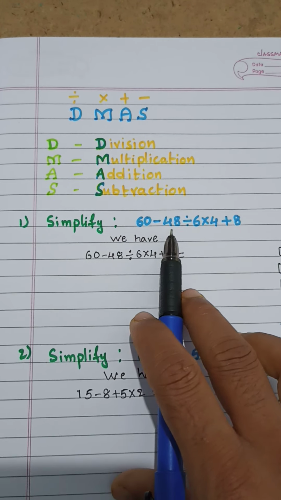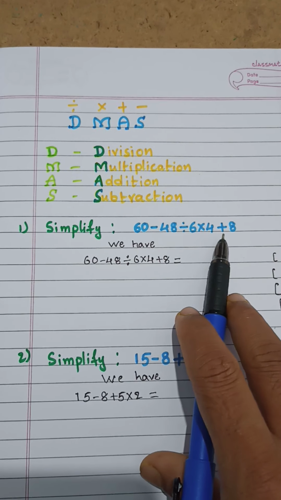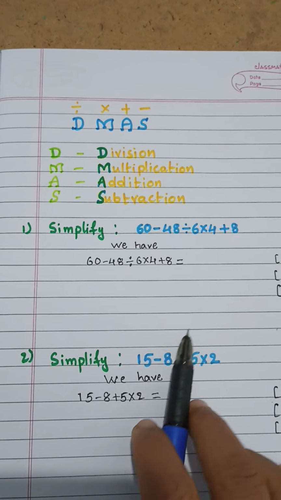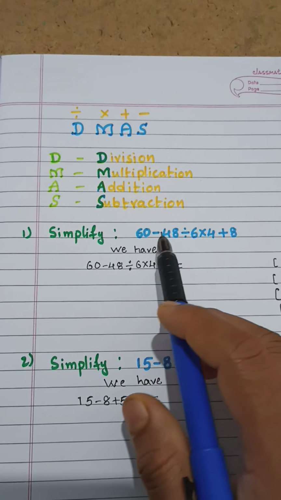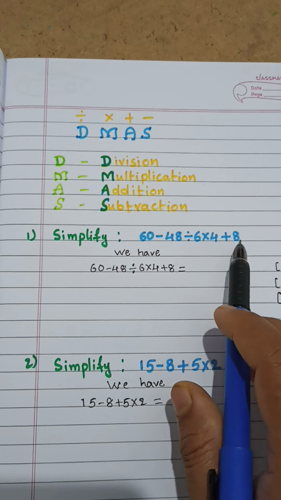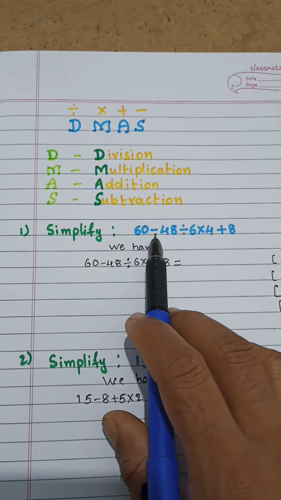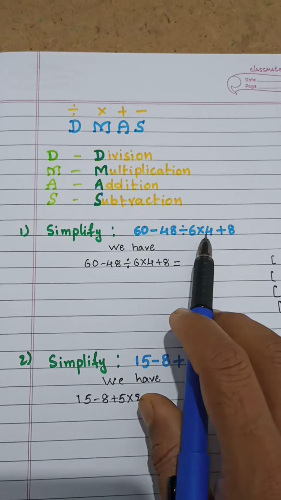A combination of numbers connected by one or more symbols is called a numerical expression. Here in the first one we have some numbers: 60, 48, 6, 4 and 8. These numbers are connected by minus, divided by, into, plus.